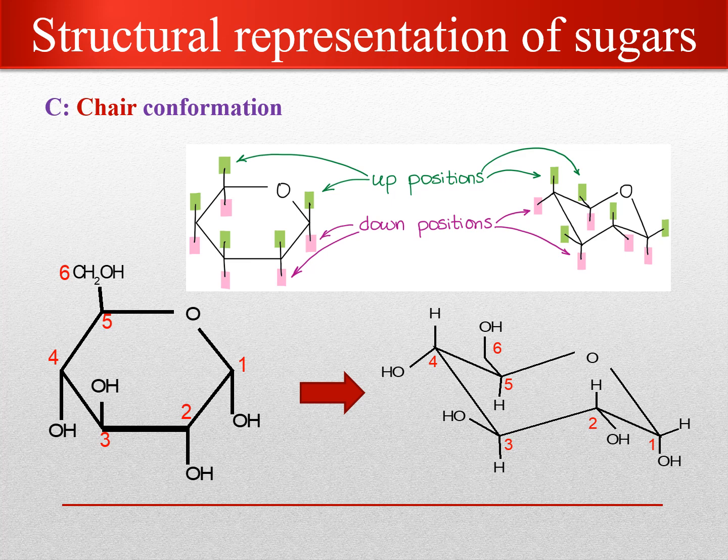So this is best. It will represent glucose better than the Haworth projection in the cyclic way. The chair projection is less strained on the bond energy.